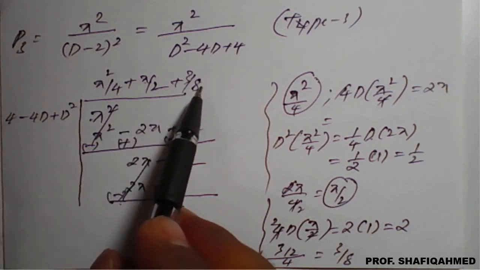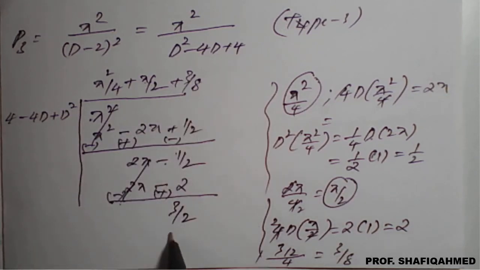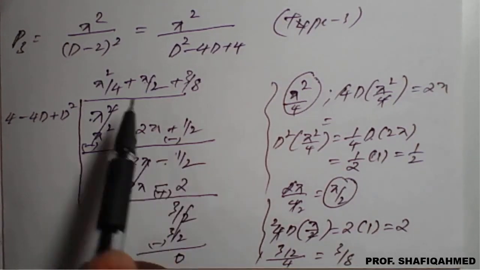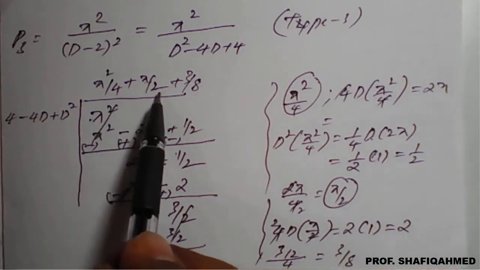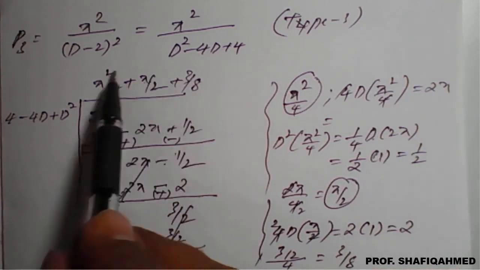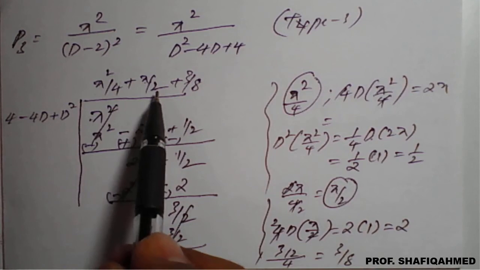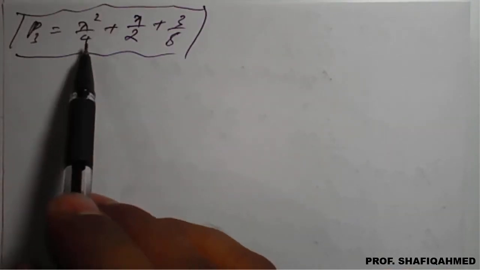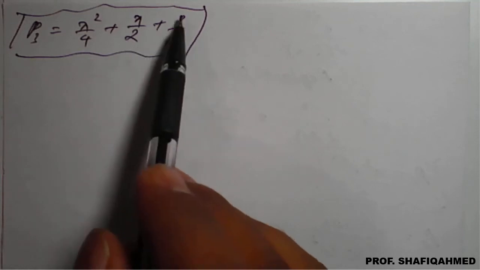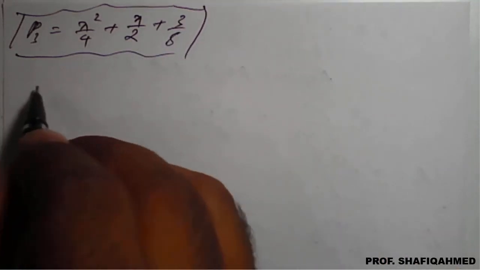So 4 into 3 by 8 is nothing but 3 by 2, so change the sign, so it cancels to 0. So x square by 4 plus x by 2 plus 3 by 8 is nothing but the P3 value. So P3 is x square by 4 plus x upon 2 plus 3 by 8.